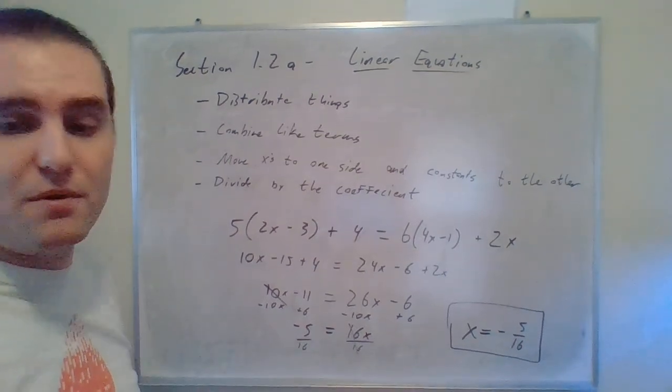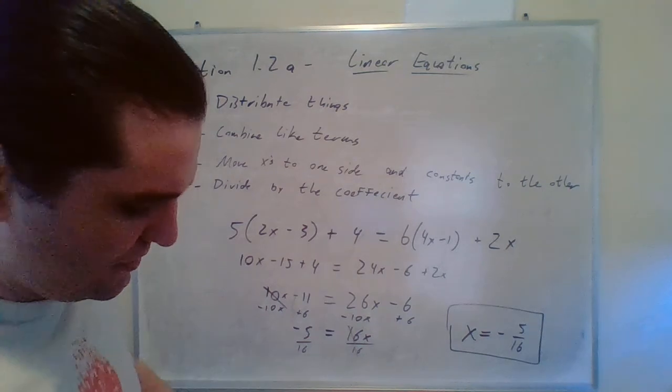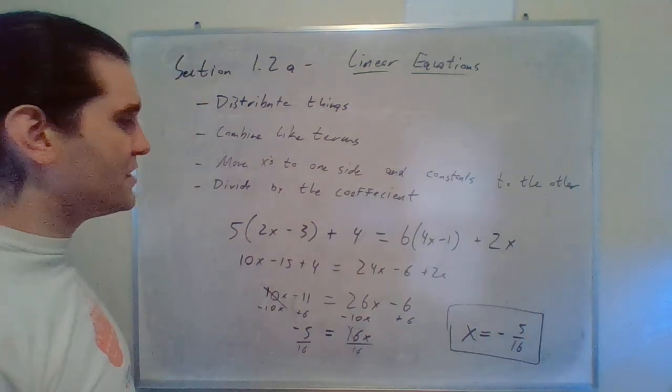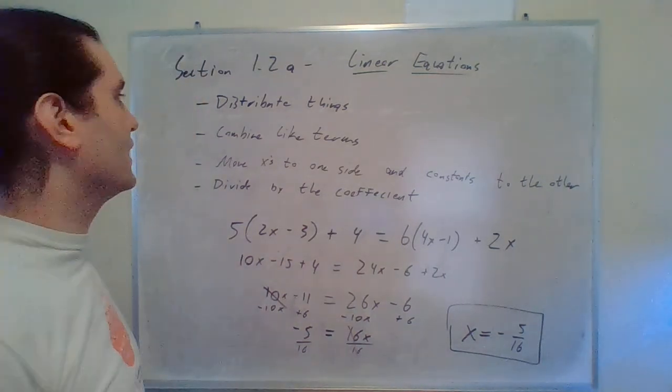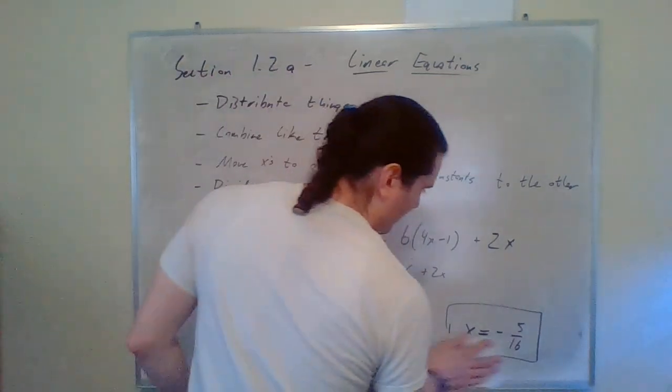Instead of doing that, I want to do a different thing, which will help, because sometimes on some of these problems we're going to end up with an extra step 0. I want to talk about that.